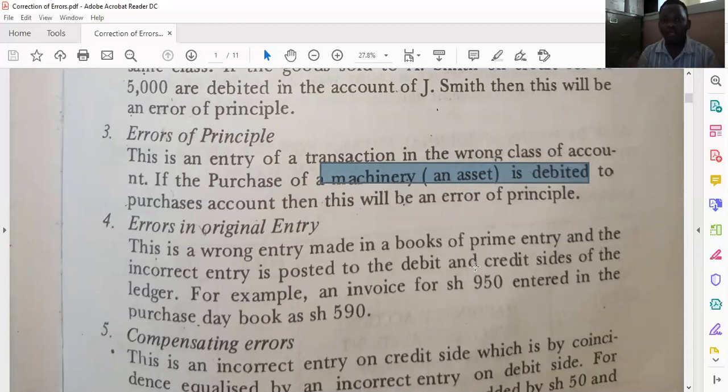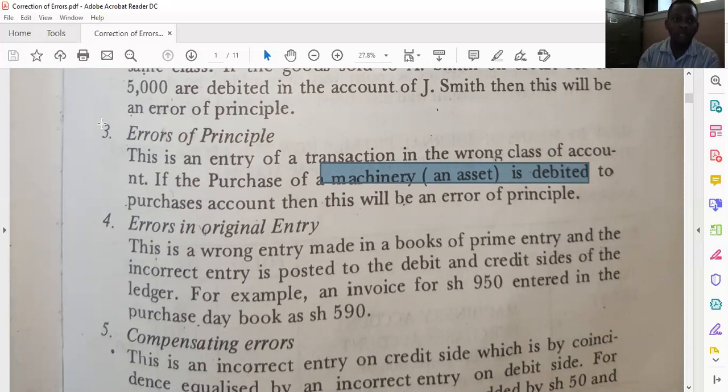But you'll find that in the end, owing to this, the trial balance will not be affected because we still have a debit of the same amount. So the effect that should have been there on the debit side is still there, but in the wrong account class. So this will not also affect the trial balance.